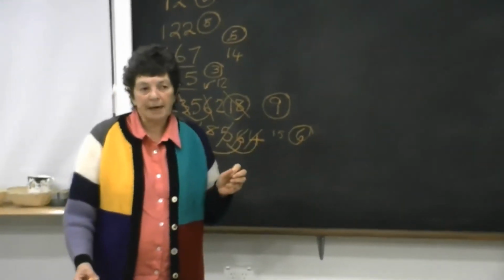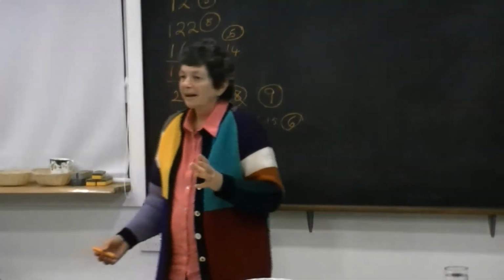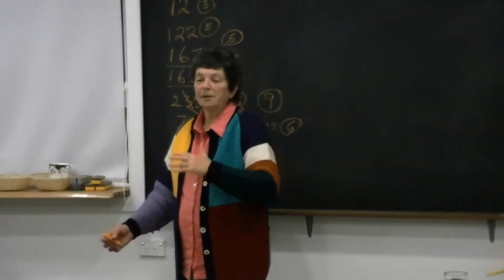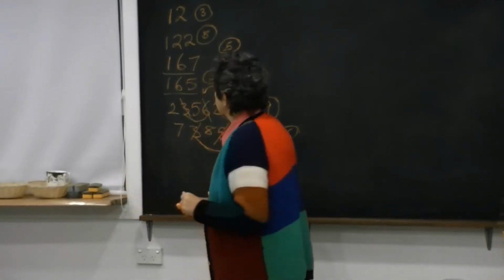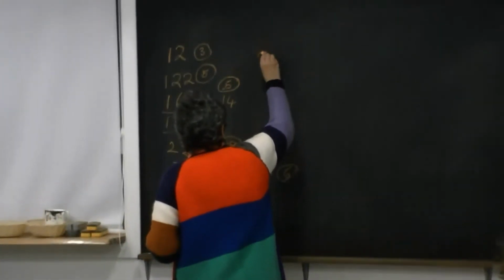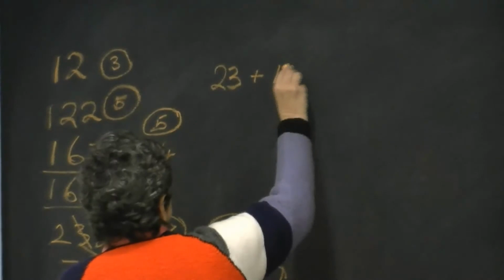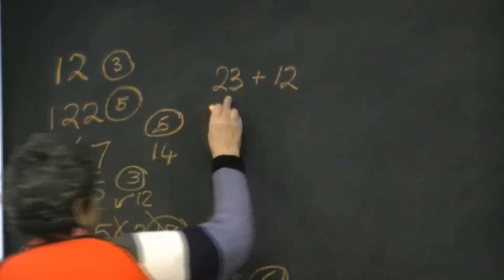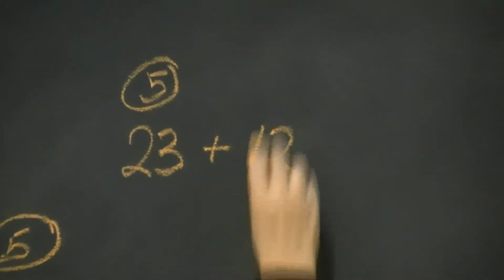Yeah. And digit adding, I'm going to digress because it's our last class. Well, I always digress anyway, but I feel that this is the little bits and pieces class. Let's say I want to check an addition. Say I want to add 23 plus 12. What's the digit sum of this number? 5. And what's the digit sum of this number? 3.